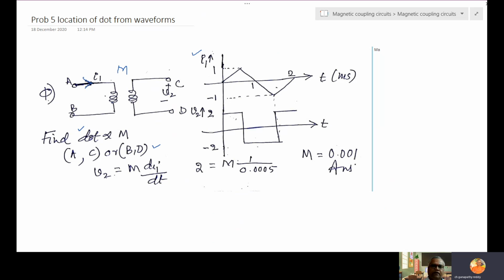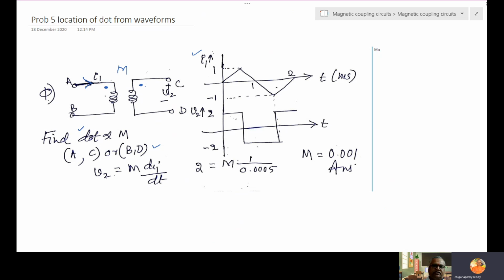Just see here: positive current increasing, current entering here, then V2 is again positive. What is the basic definition I told you in the beginning? A current entering at the primary induces an open circuit voltage in the secondary. If it is positive, that indicates the winding directions. If you recollect the first coupling circuit, positive current entering gives positive voltage, so the dot should be here.